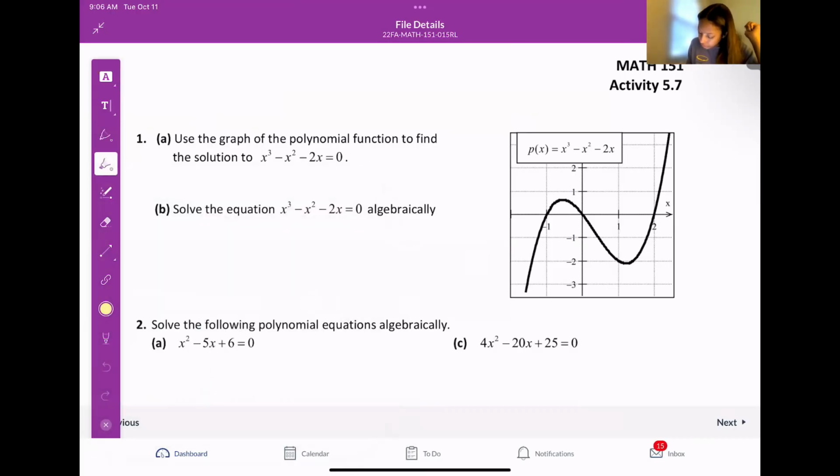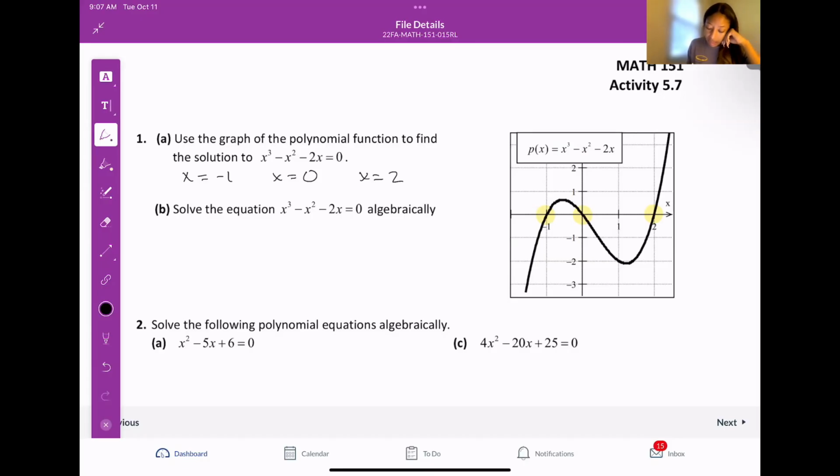So if we look here, you see that the zeros occur graphically at x equals -1, x equals 0, and x equals 2. So using a graph, we just want to figure out where the graph crosses the x-axis. Not too bad. For solving this algebraically, we have to use factoring.